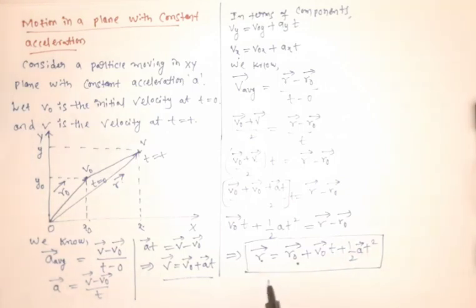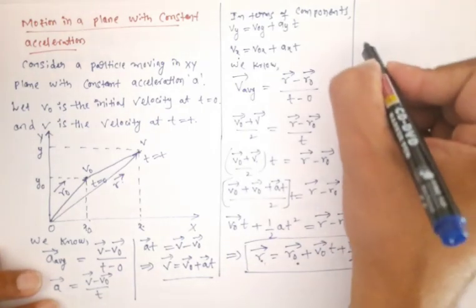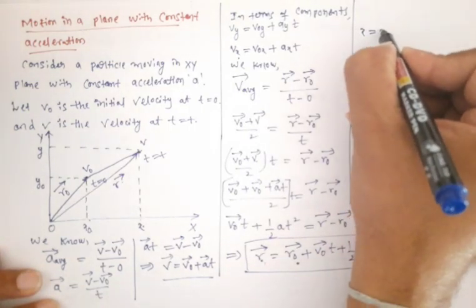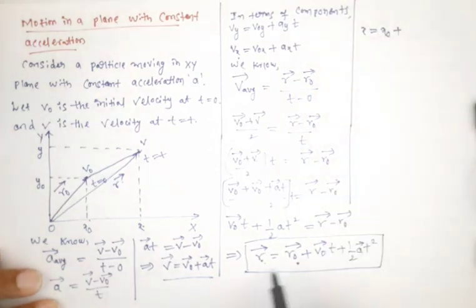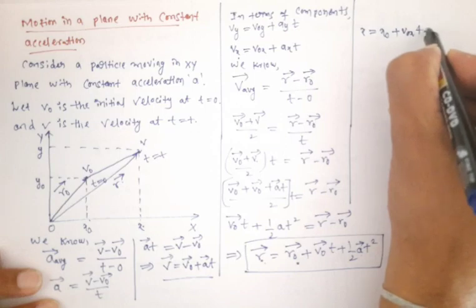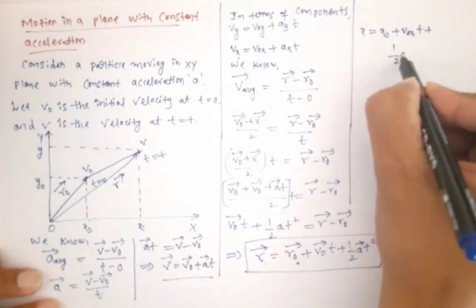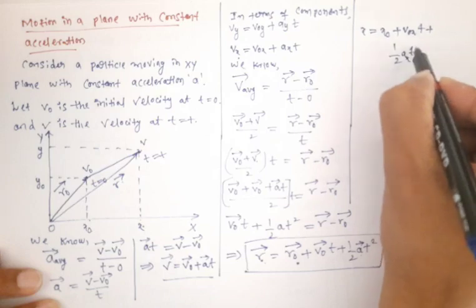This is what we are writing for the position vector. But for position we have x and y components in the xy plane, so for x component and for y component we can write separately. Now let us see how we write. For x component, what do we write guys? x is equal to x naught plus v naught x into t plus half ax t square.